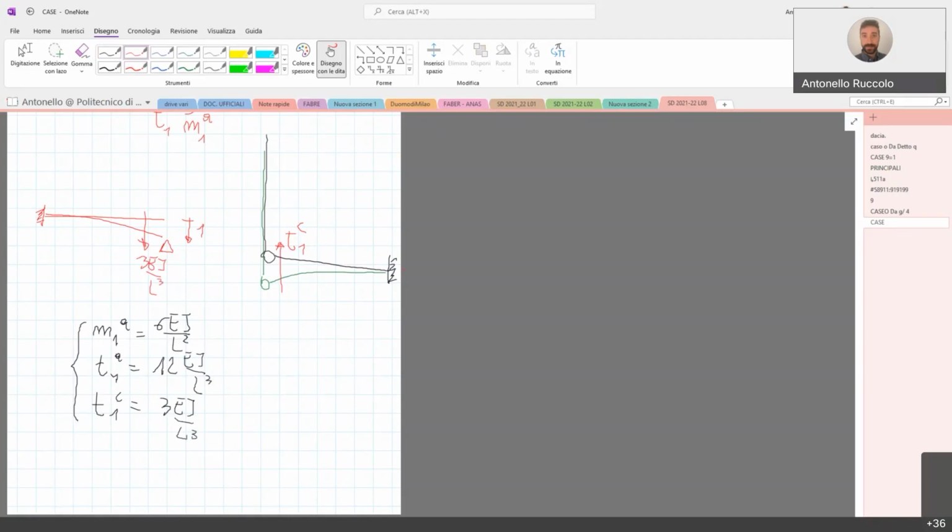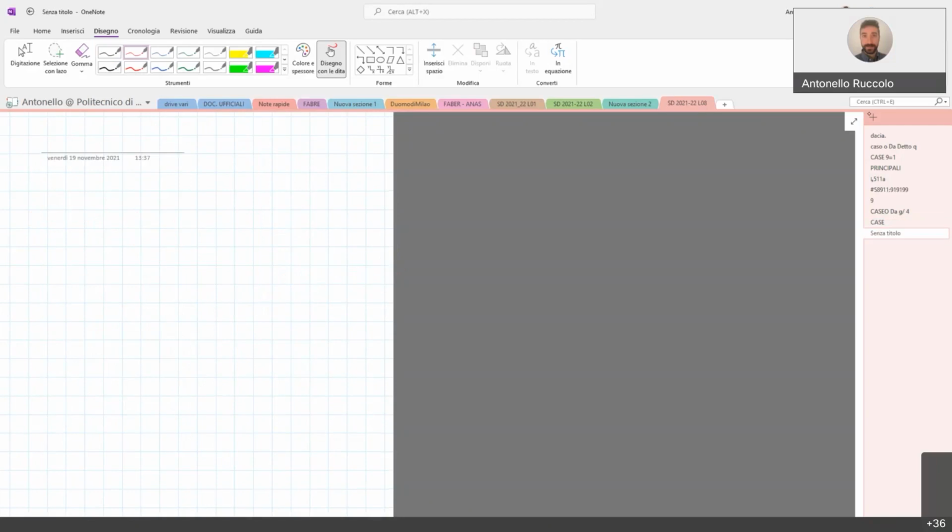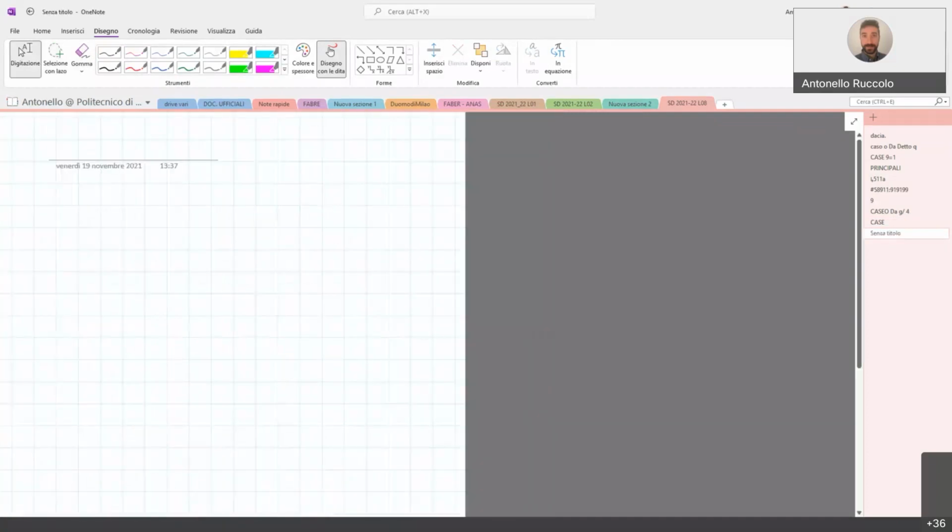Now, new page, and let's see the last case. Oh, what am I doing? This was the previous example. Can you go back for a second to the last exercise? Sorry, can you repeat? Can you go back to the last exercise a bit, please?